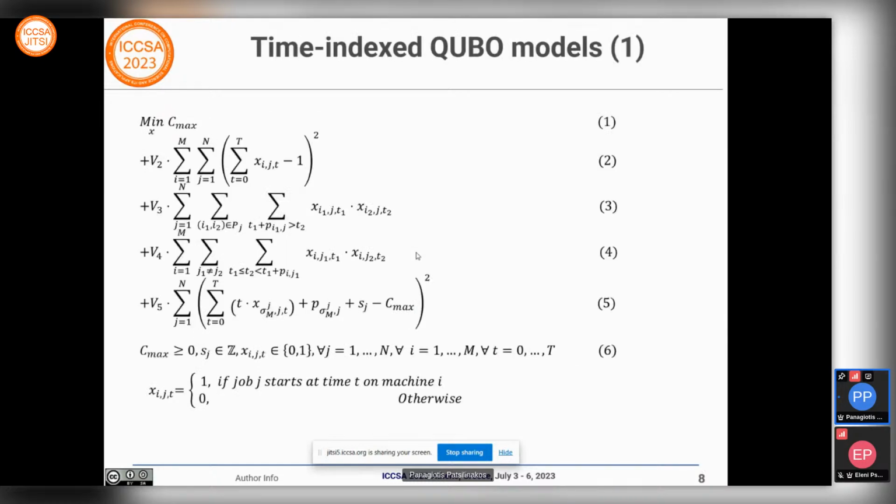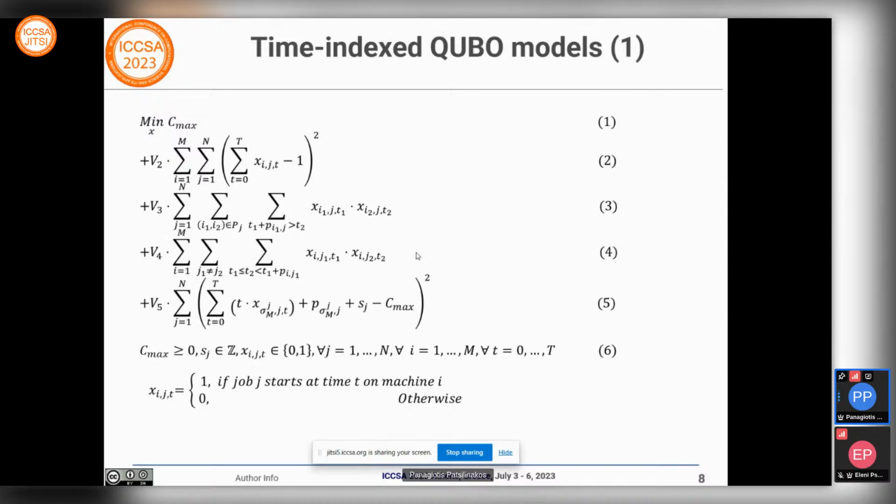If we want to express this as a quadratic problem, then we have to change the two types of constraints I was mentioning. The constraints that force the operations to be executed one after the other, we make those constraints quadratic, and we also penalize all those constraints and put them in the objective to make the problem unconstrained.